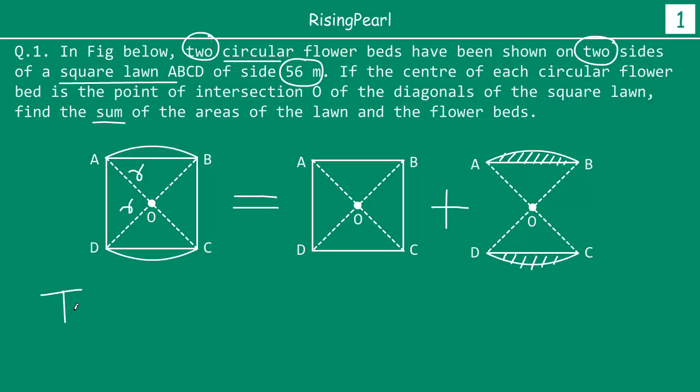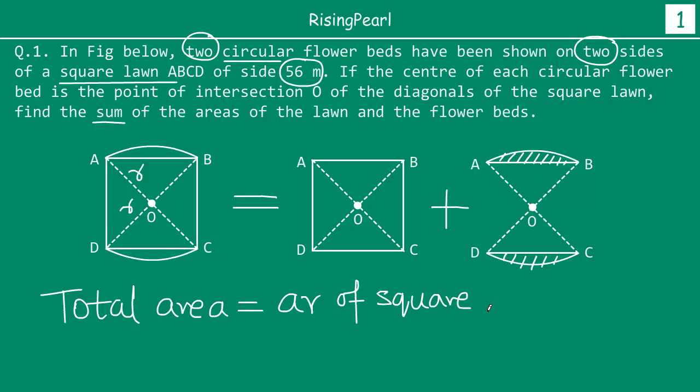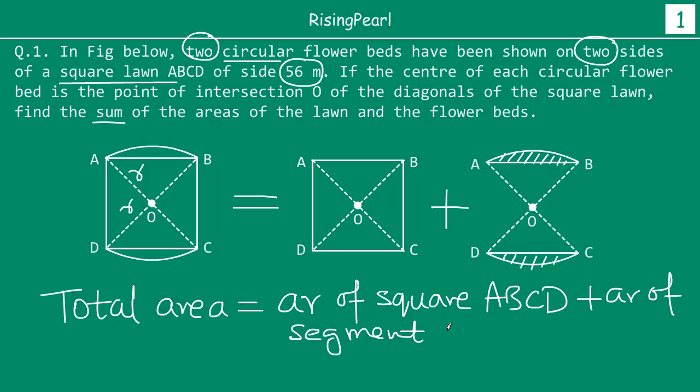So the desired area, or the total area, will be equal to area, I'm writing AR as short form for area, of square ABCD plus area of segment AB plus CD. So this is one way to write the total area.